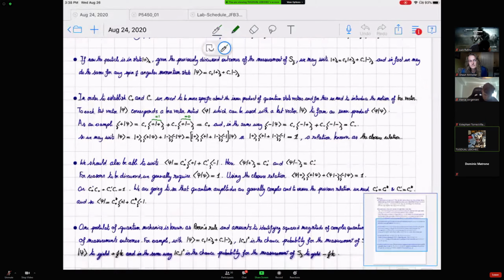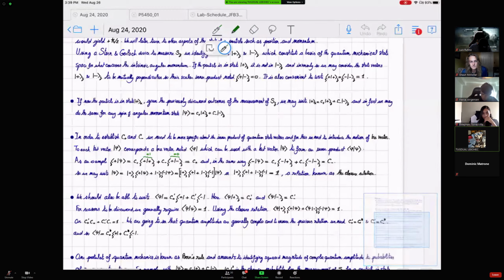Okay. So we have this psi that is written in this way, and although I introduced the notation of the inner product already here, in order to better understand the mechanics of these coefficients c plus and c minus, we need to form the product between two states, which I already indicated here.